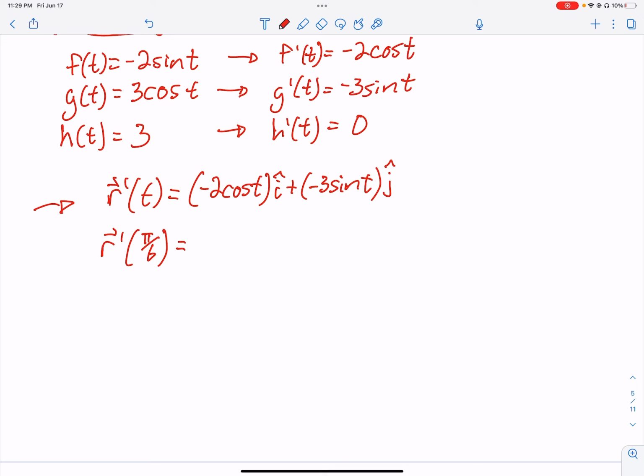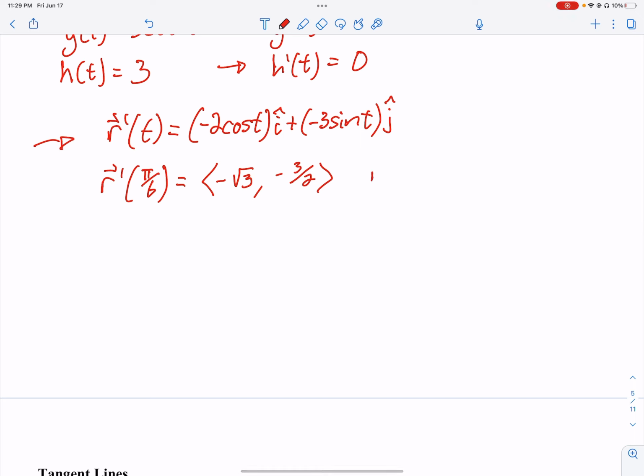So I like to plug it in at this point. So plugging in pi over 6, cosine of pi over 6 is radical 3 over 2, so it's going to be negative radical 3. Plugging pi over 6 into sine, that gets me a 1/2, so I get a negative 3 over 2. And now I find my magnitude.